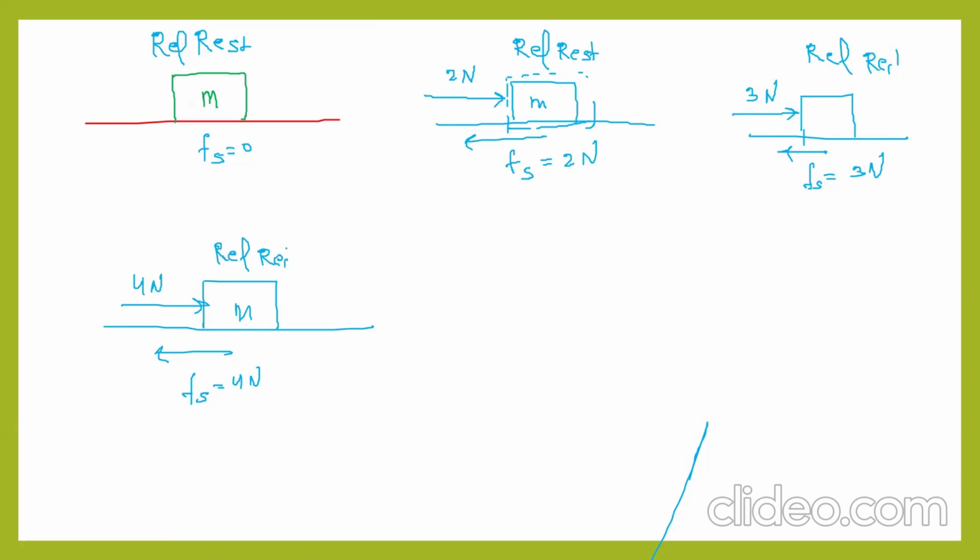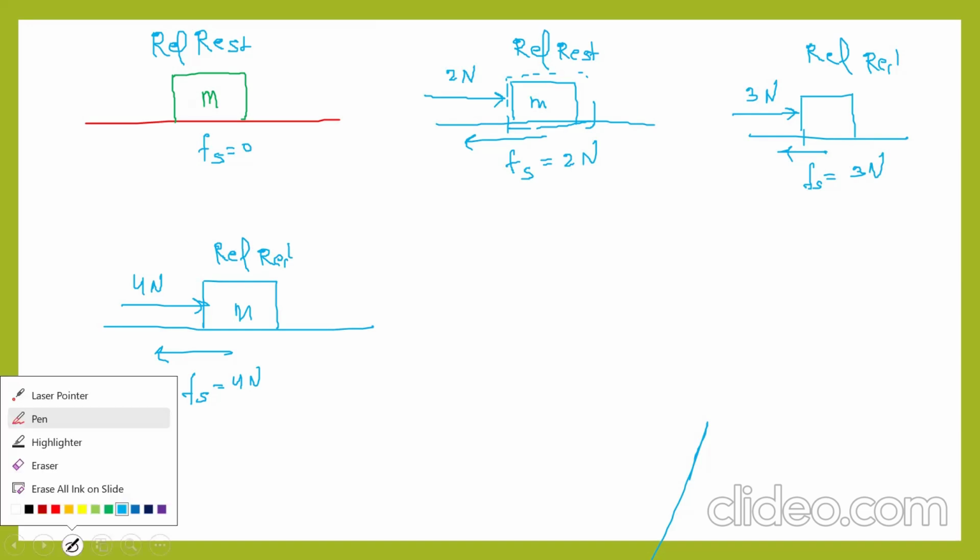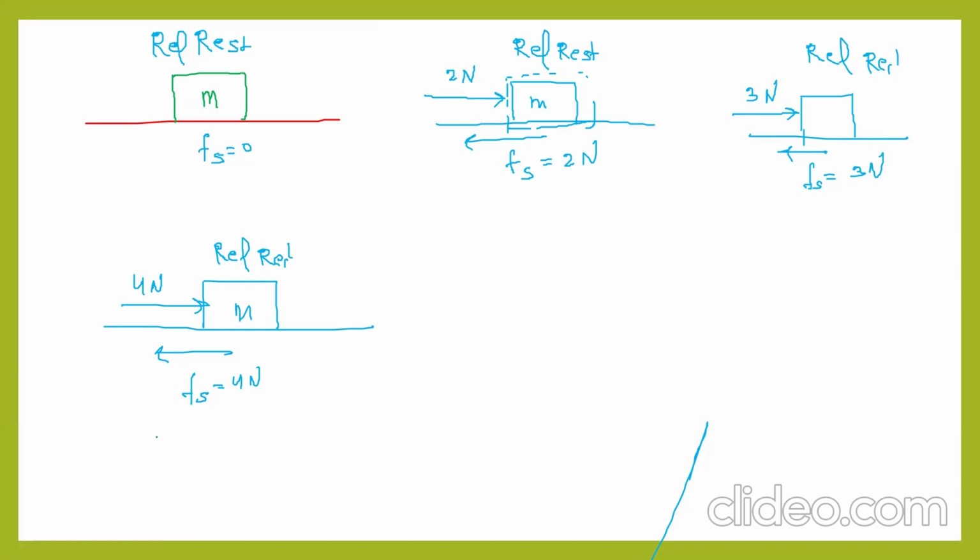But let us suppose the minimum value of static friction is 0, and its maximum value is mu s N. Let us suppose this maximum value of static friction is 4 Newton.